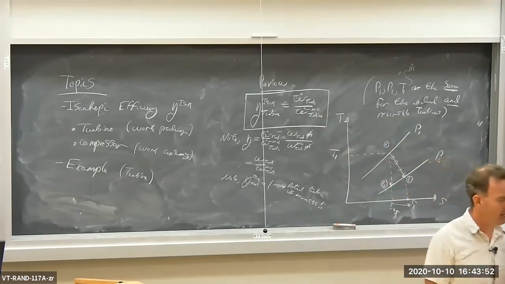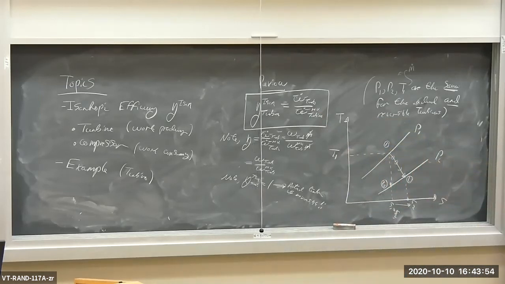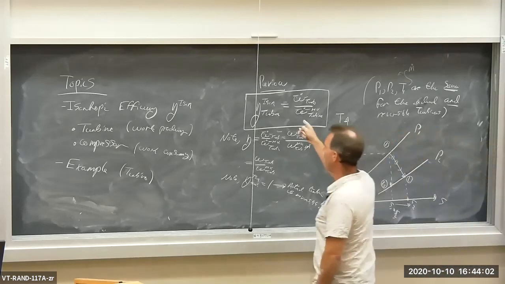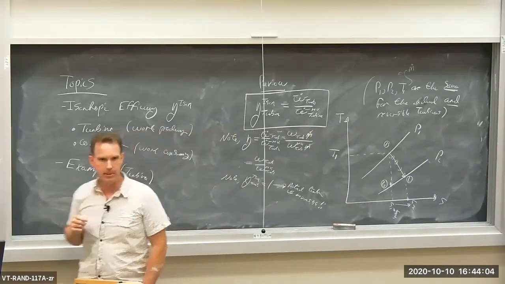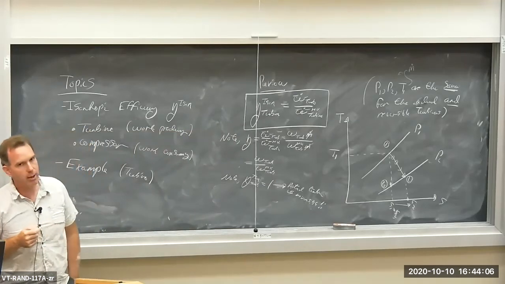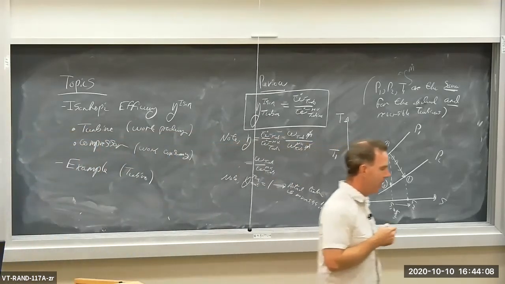The reversible turbine produces the most power. The actual turbine produces the least power. So this ratio here is less than or equal to 1. Okay, so put a box around these definitions for isentropic efficiency.